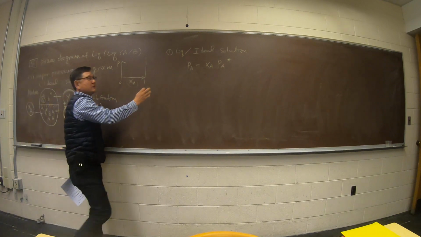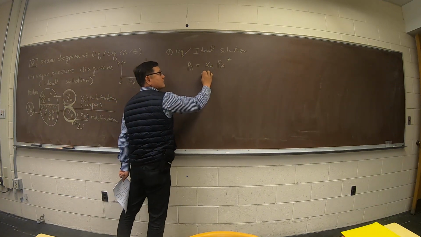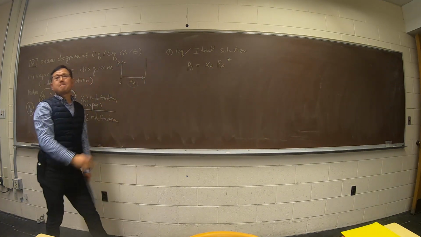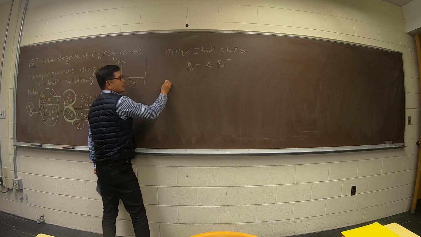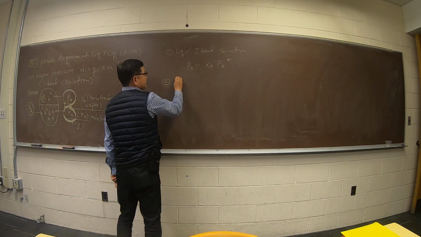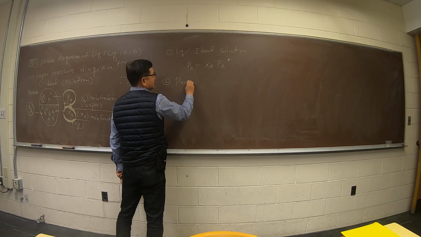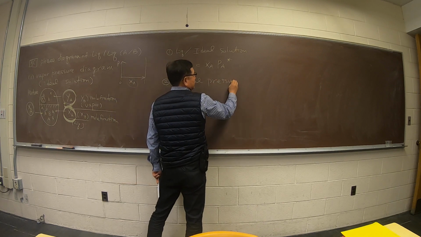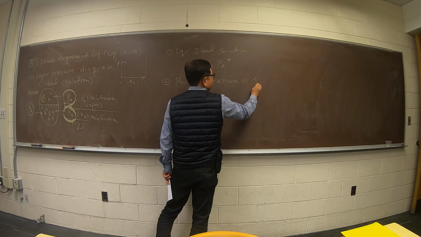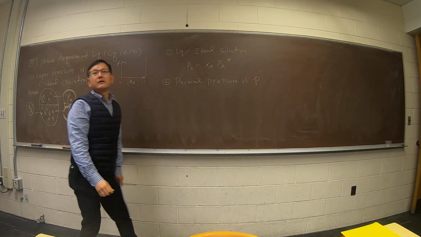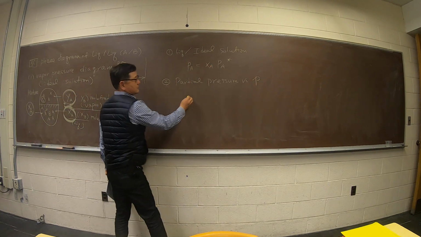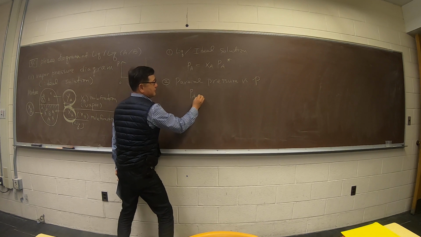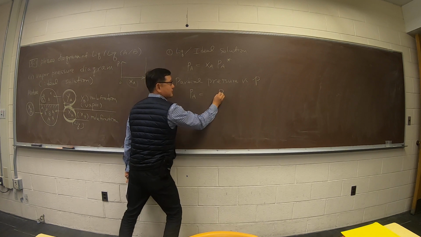So this is once again relating the gas property with the liquid property, right? And the second one is even more useful. You remember the partial pressure versus the total pressure P.